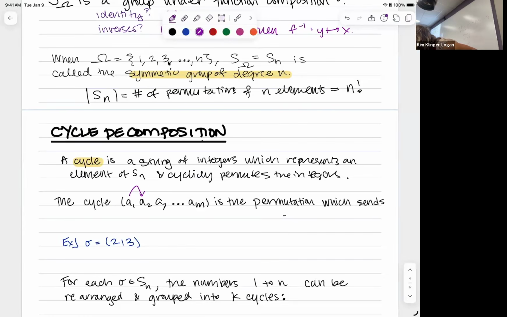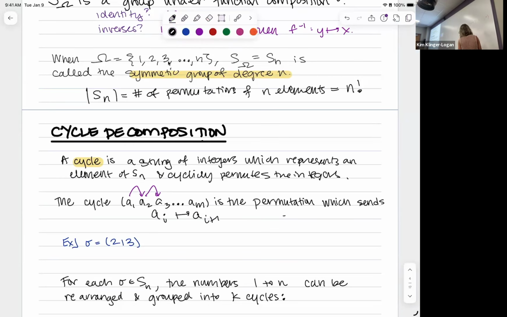Cool. So it sends ai to the next element in whatever this list is, to a(i+1), right? So maybe this is actually a better example here.